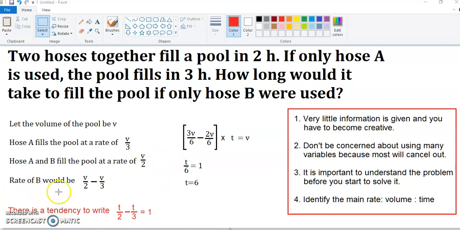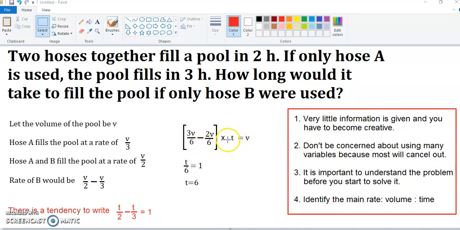So the rate of B would just be the bigger rate, which is V over 2, minus the smaller rate. Why is V over 3 smaller? Because a bigger denominator means a smaller value, right? Okay, so that's why the rate of B would be this value here. Now we don't know how much time hose B would need to fill the pool if it were used alone.